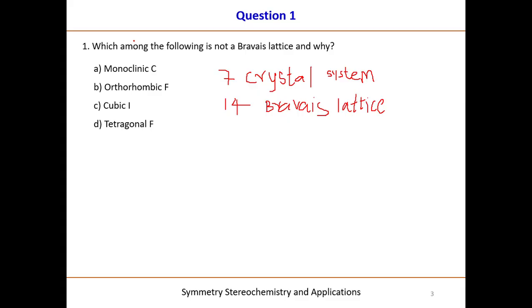I hope all of you know that there are 7 crystal systems. First one is cubic, correct?